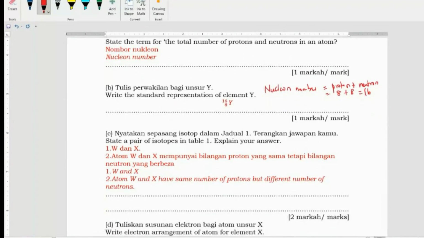The electron arrangement for the atom of element X. 2, 8.